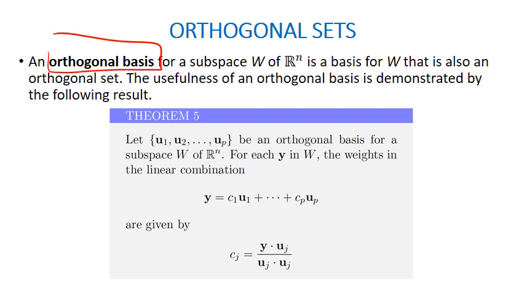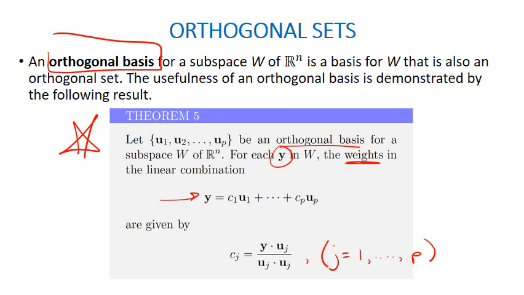This leads us to theorem 5, which we will use in many of the homework problems. It says that if the set is an orthogonal basis for a subspace W of Rn, then for each y in W, the weights in the linear combination are given by this formula here, where j is equal to 1 up to p.